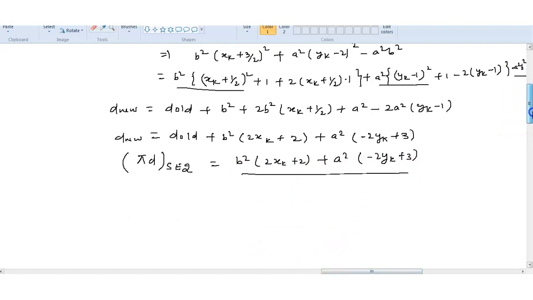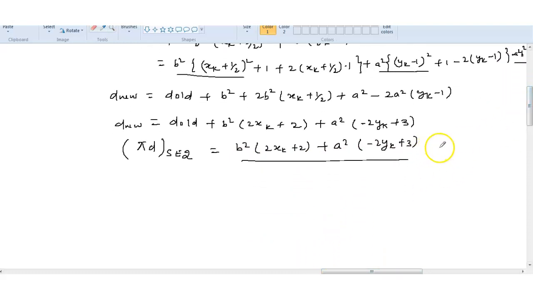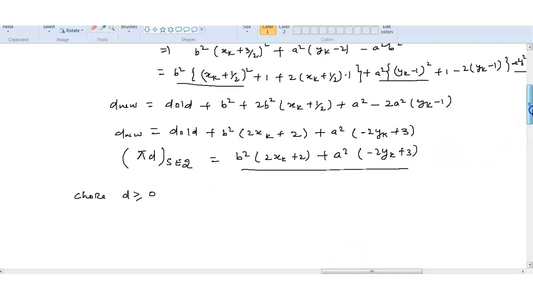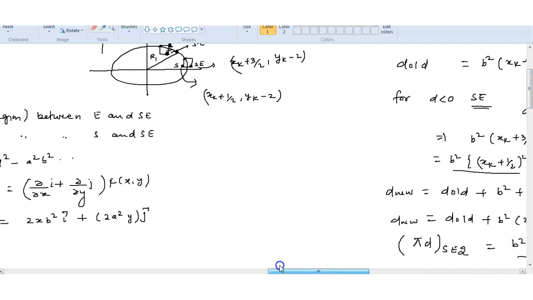Now we will do the case when the choice is d greater than or equal to 0. When d is greater than or equal to 0, the case is to choose the south coordinate, and the next coordinate will be this one.